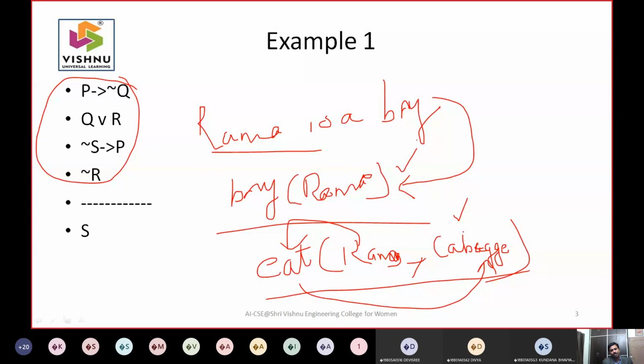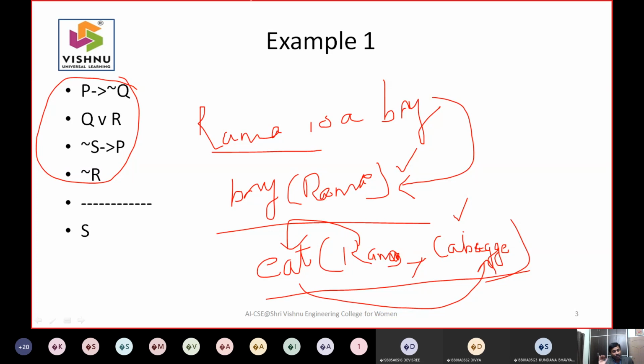Four things it will consider: the meaning, the context, the predecessor and the successor. Based on these four, it will try to understand the exact meaning of the statement, and based on the meaning of the set of statements it tries to infer. So whatever we did in the morning is called a resolution mechanism.